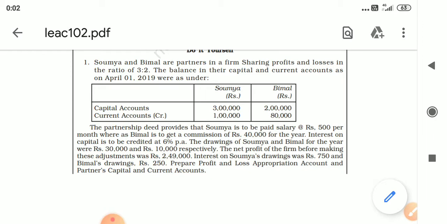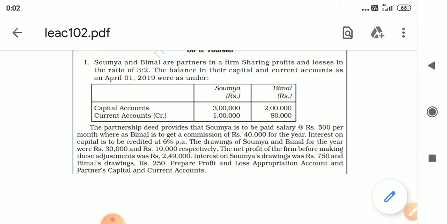So now we have to go about with the sum. First we have to prepare the profit and loss appropriation account. The profit amount 2,49,000 will appear on the credit side of the profit and loss appropriation account. Interest on drawings will also appear on the credit side. Then what else do you have?